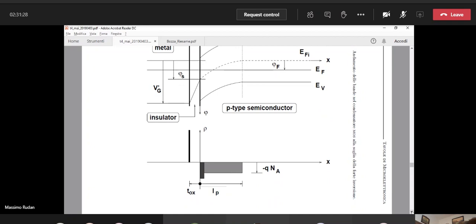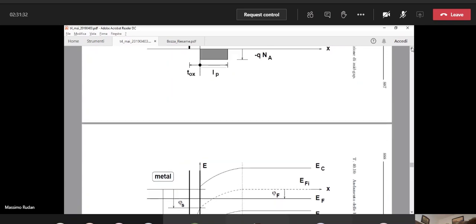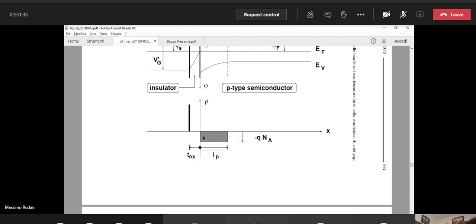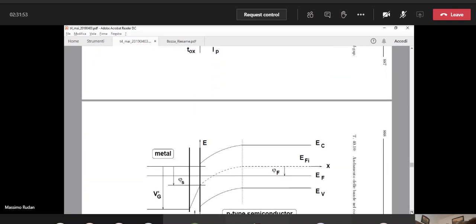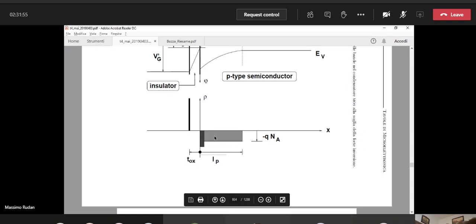So these two situations differ because in the first one, we have only the charge of the semiconductor associated to the fixed dopant atoms and no layer. Whereas in the second situation, we have both the charge associated to the dopant atoms plus the layer of electrons.